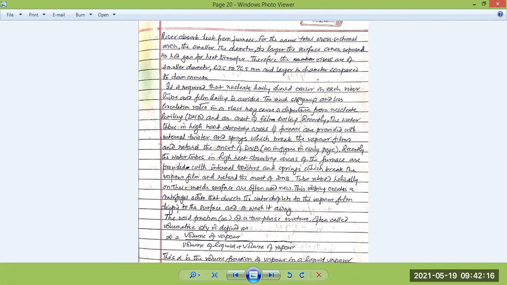Therefore, the risers are of smaller diameter, 62.5 to 76.5 millimeters, and smaller in diameter compared to the downcomer itself.